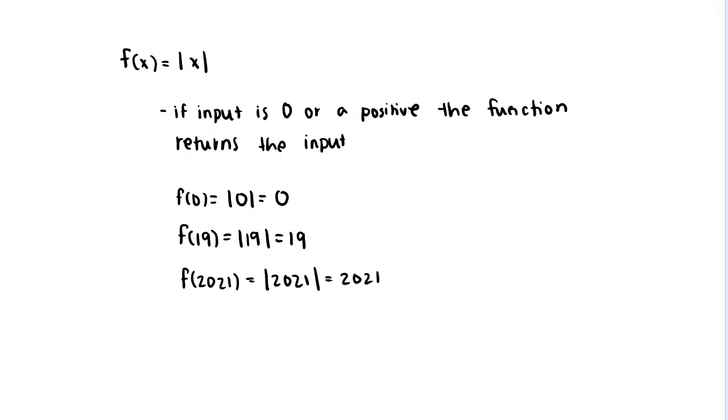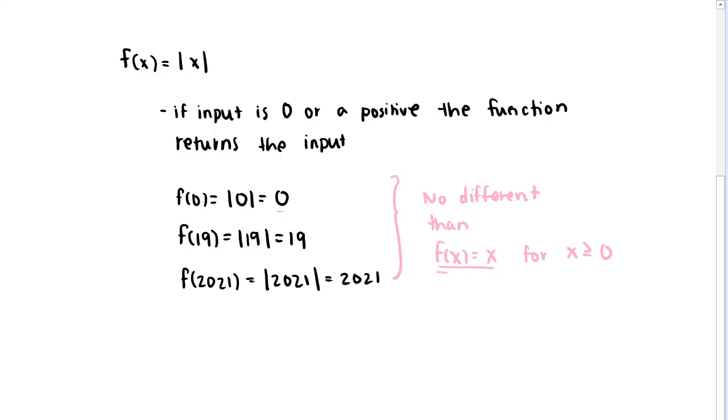Really, our function, the absolute value of x, is no different than the function f of x is equal to x, if we're only talking about x values greater than or equal to 0. If I were to plug in 0 into this function, I would get 0 out just like our original function.